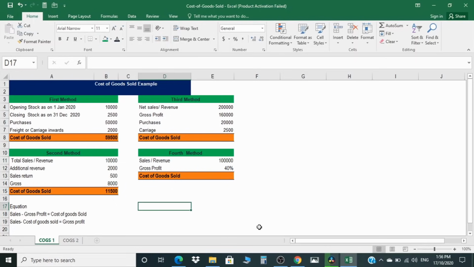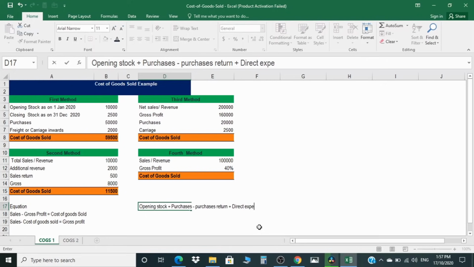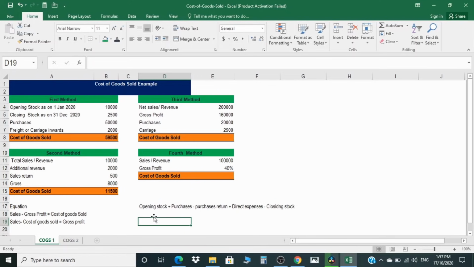For the first method, this is the formula: opening stock plus purchases. If you have any return, just minus the return, plus direct expenses, minus closing stock. What are direct expenses?